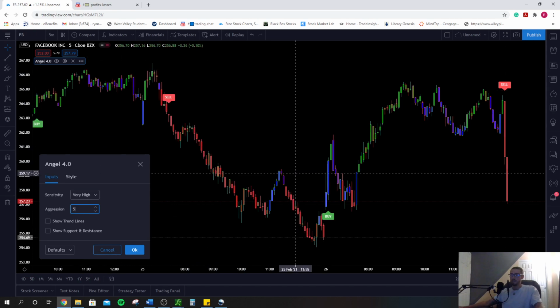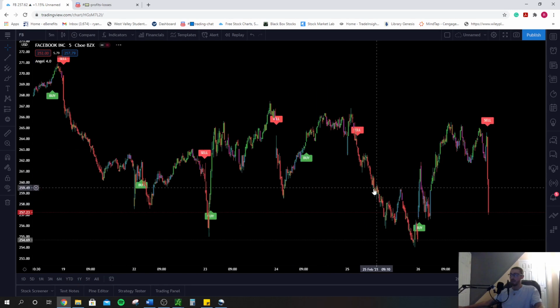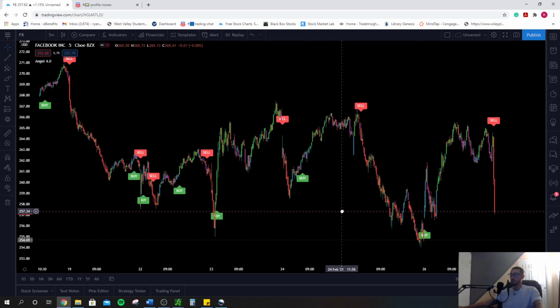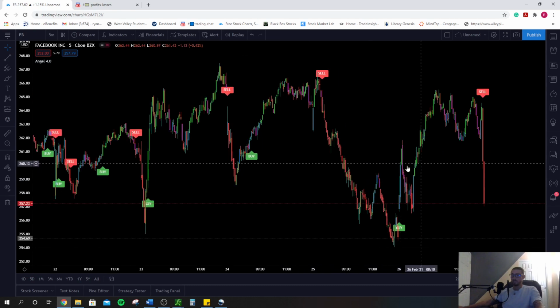So we're looking at the Facebook 5-minute. And in my back testing and research, I have found that the best settings for Facebook 5-minute is going to be on medium and 3.5. Now, why are these the best settings?